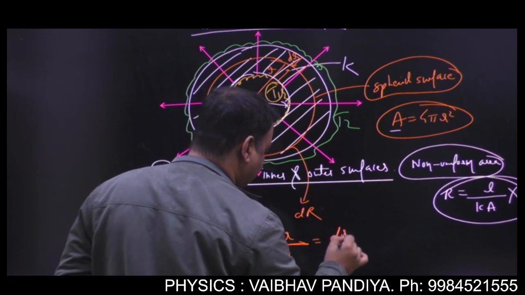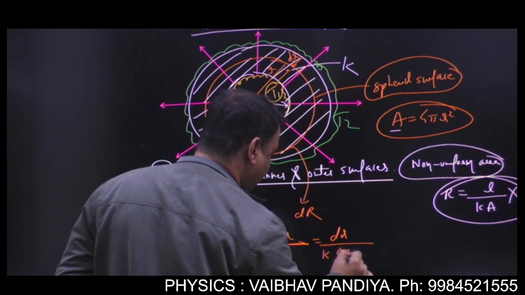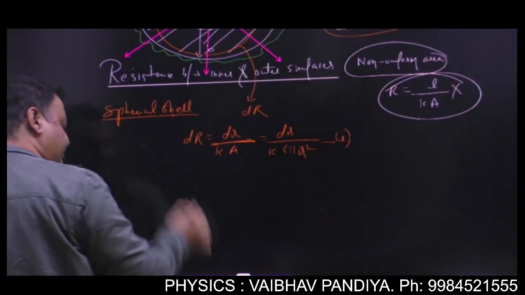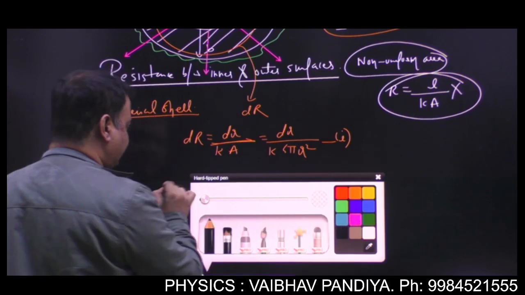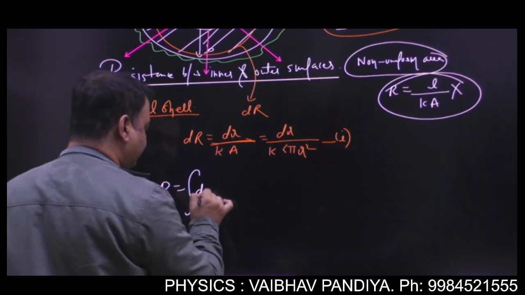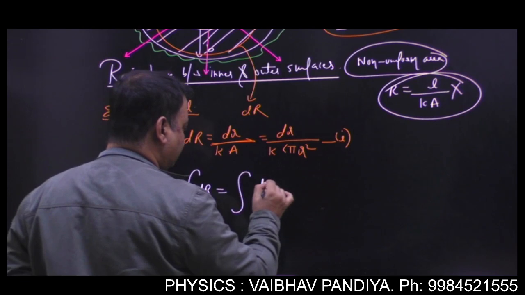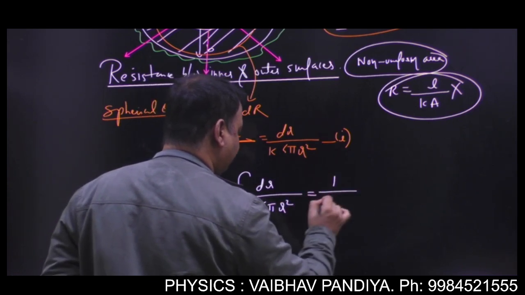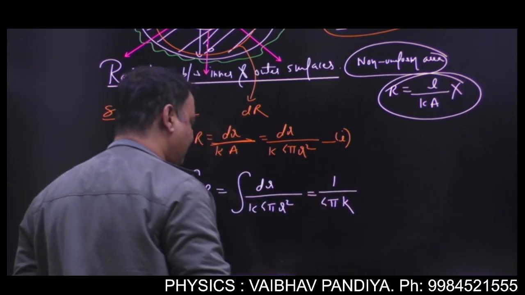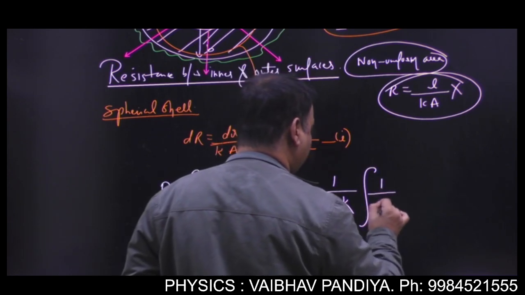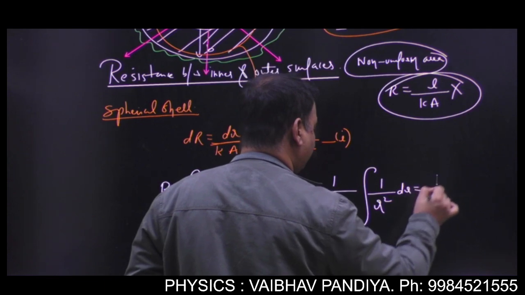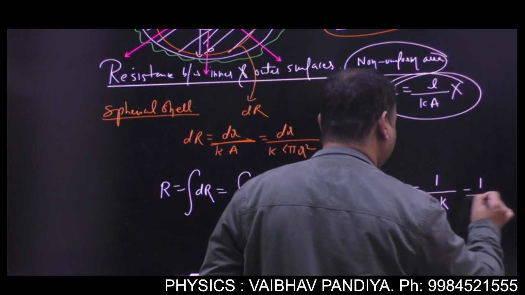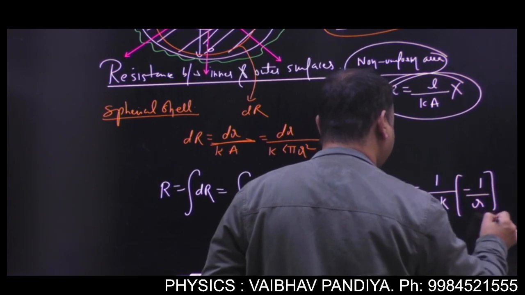So it will be dr by conductivity into 4 pi r square, correct? So this is your dR, the infinitesimal resistance of this spherical envelope. So what will be R? You have to integrate. So you'll get dr divided by K 4 pi r square. Now 1 by 4 pi K will come outside, being the constant. What is left is 1 by r square dr. So it will be 1 by 4 pi K times r to the power minus 2 integrated, so it will be minus 1 by r, isn't it? Within the limit a to b.